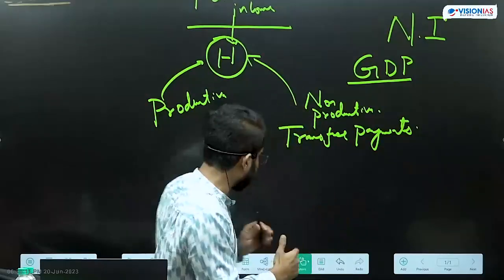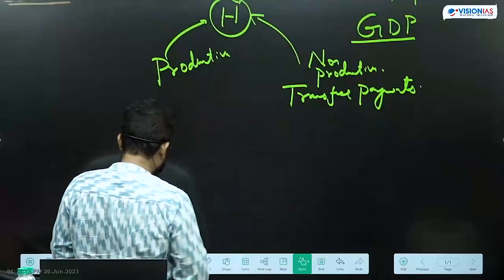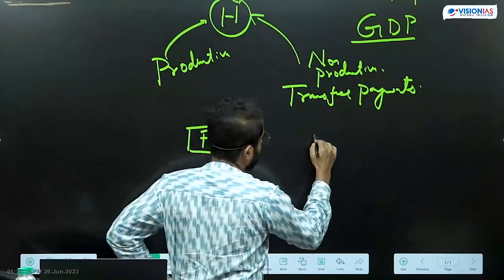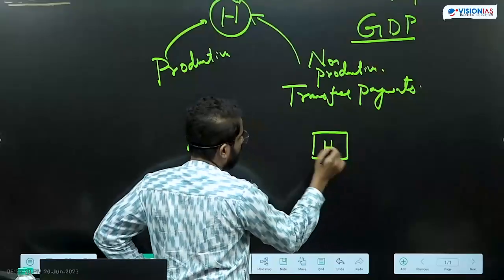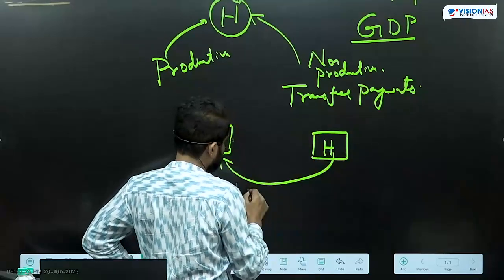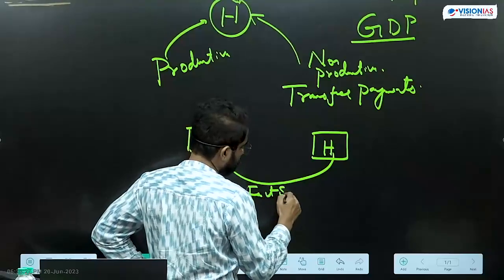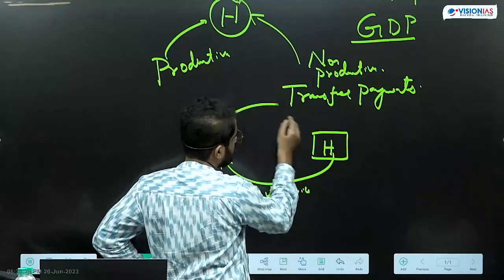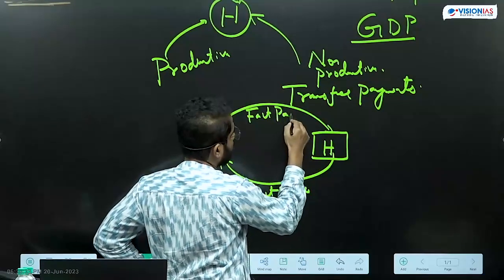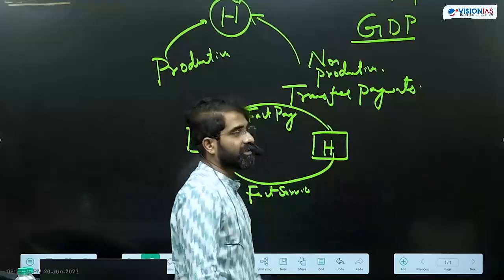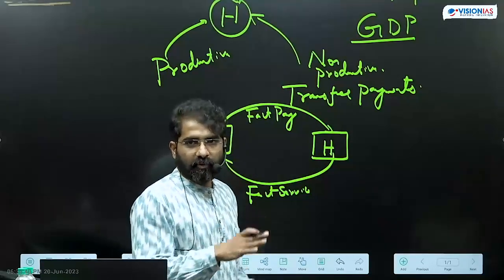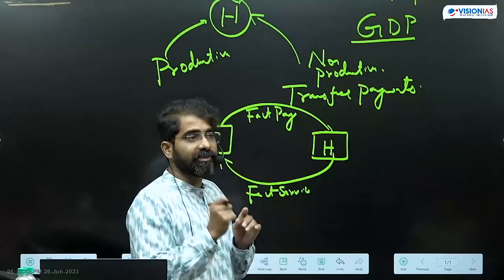As simple as that. Recollect that there is one firm and one household. The factor services are provided by this household, for which there are factor payments, which we have written in different ways. Factor payment is productive payment.